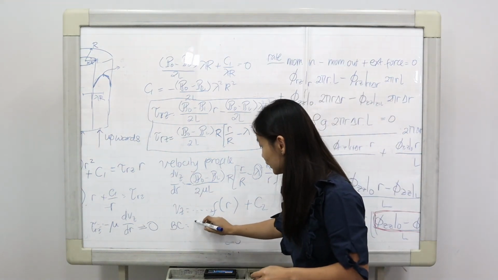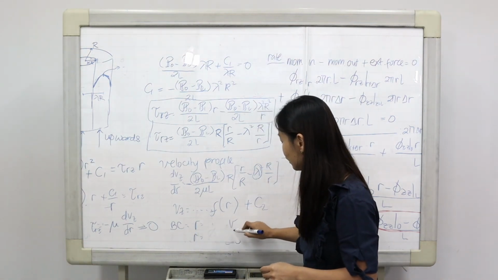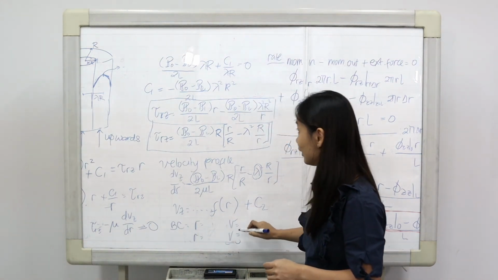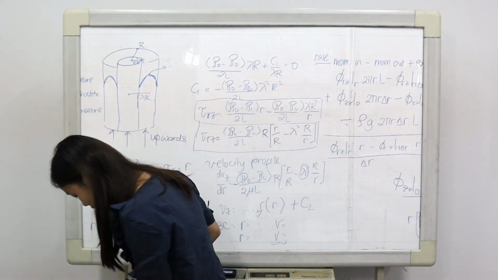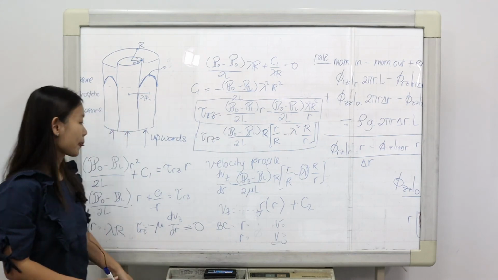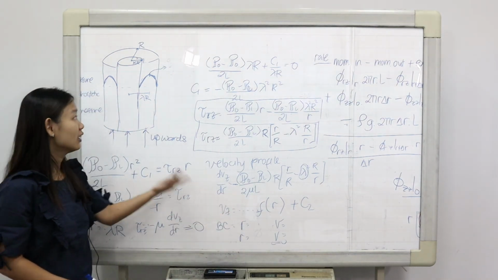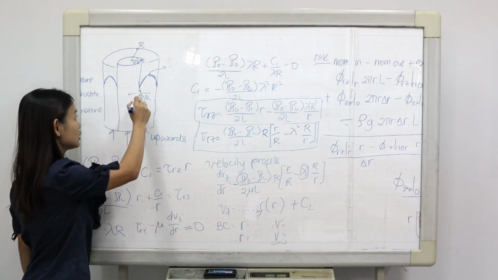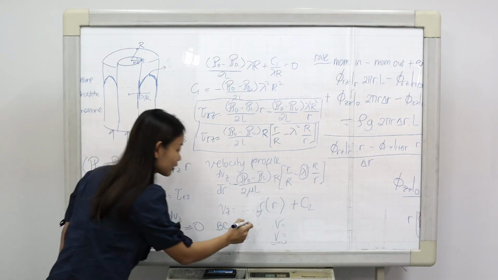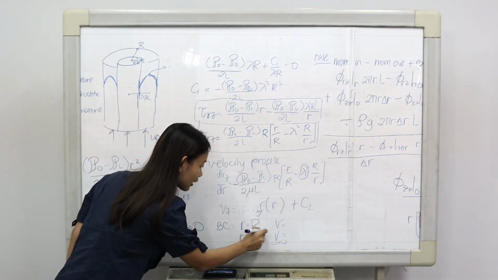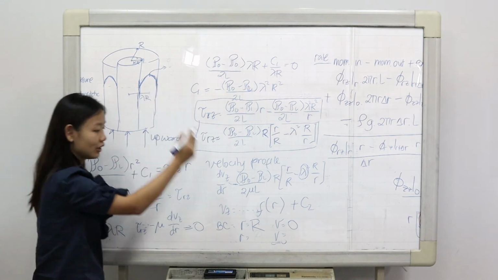The boundary conditions are of the form: at r equal to something, velocity equal to something. This is easy. To get two boundary conditions for the velocity, you can look at these conditions. At r equal to capital R, the velocity is 0, because the fluid is at the wall.